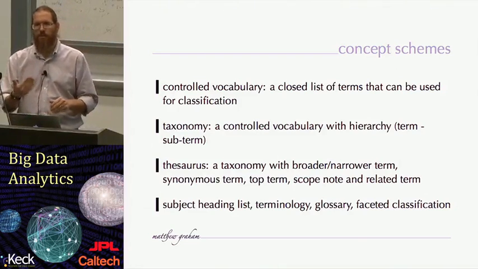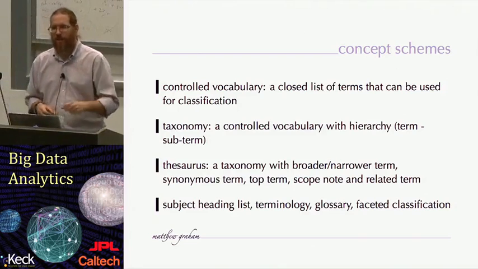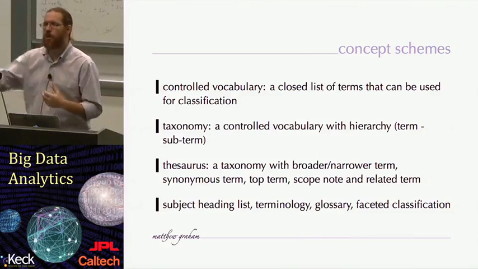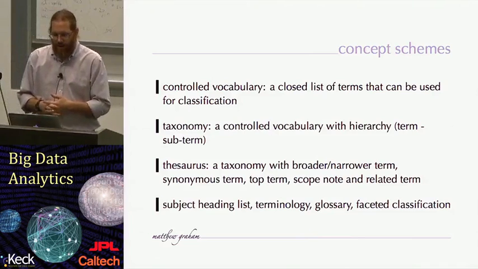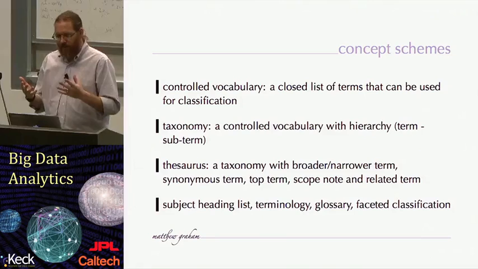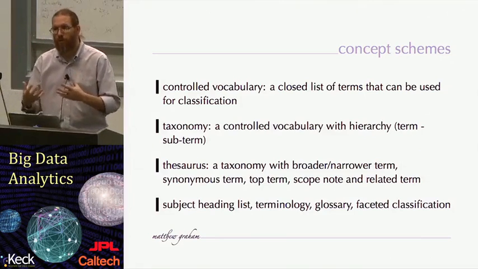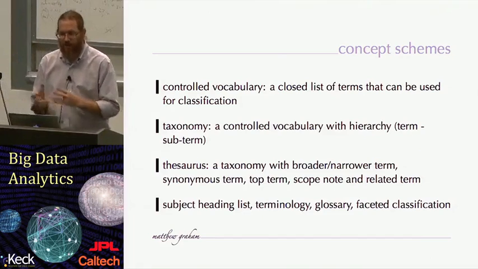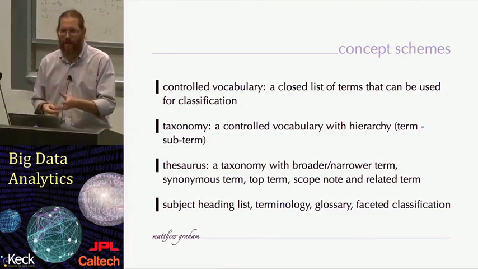And then there are also notions of related terms, so that this term is related to this term over in this part of the hierarchy, or this term is related to this term in this other thesaurus. Other ideas of concept schemes that you could use when you're programmatically manipulating knowledge and information are also things like subject heading lists or terminologies, glossaries, faceted classifications.